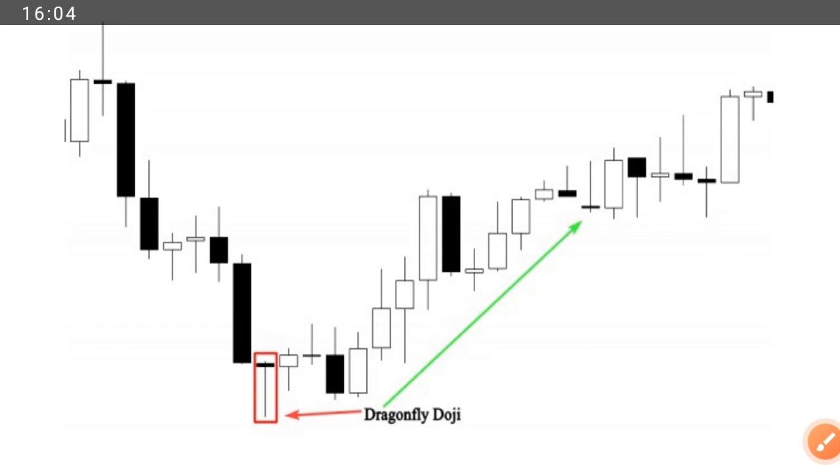Now, as I explained before, you see dragonfly. What happened in a dragonfly? The buyers, they push the price up. So the force that they use to push the price up means the buyers are showing strength.